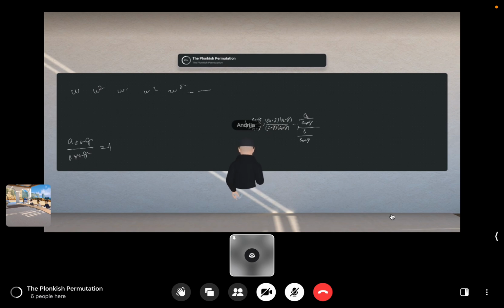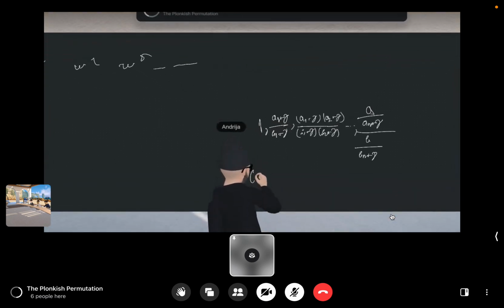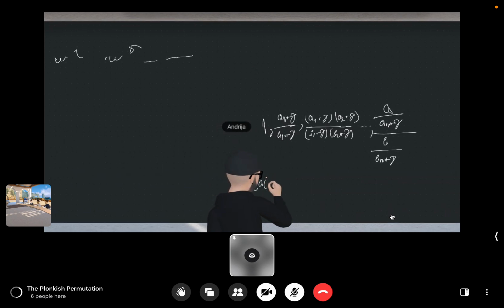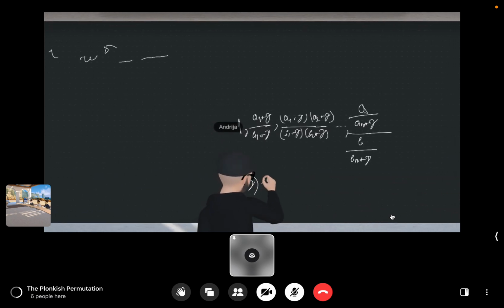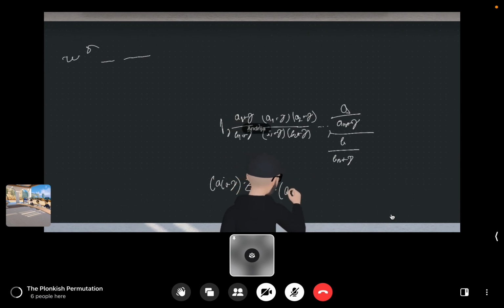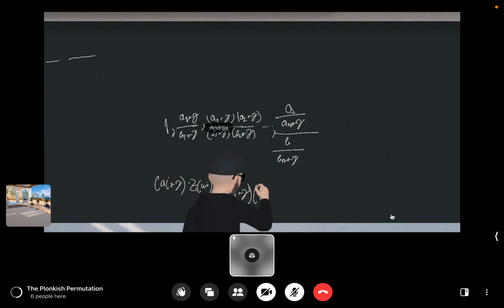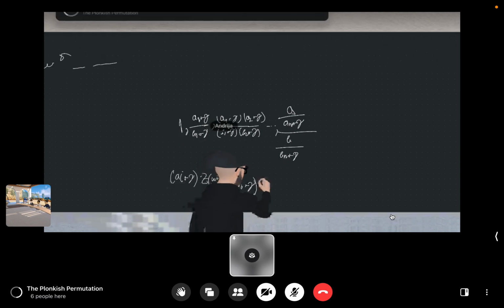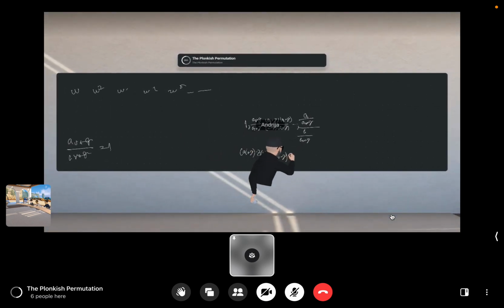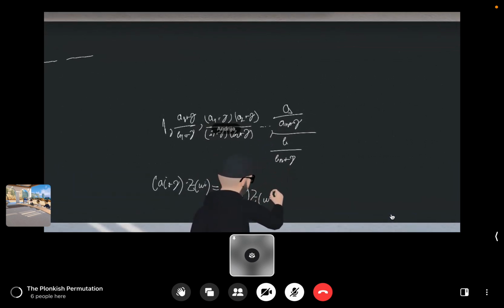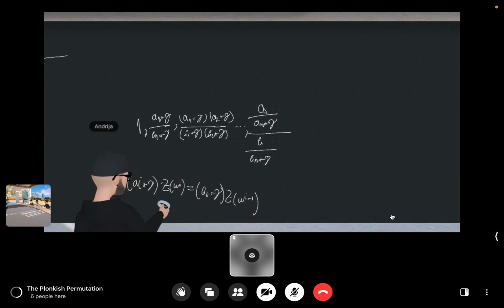We said, and if you remember, I had one thing over another times Z. So if we make it one linear equation, it will say something like this: (a_i + gamma) times Z at omega i should be equal to (b_i + gamma) times Z at omega i plus 1. Okay, this is the recursive equation we had.